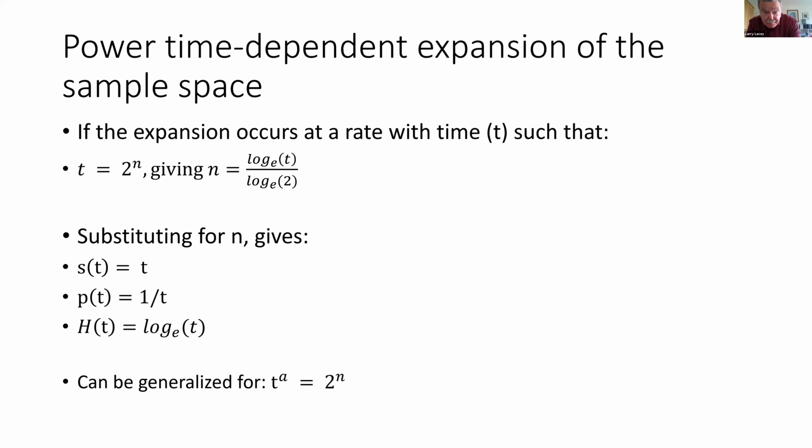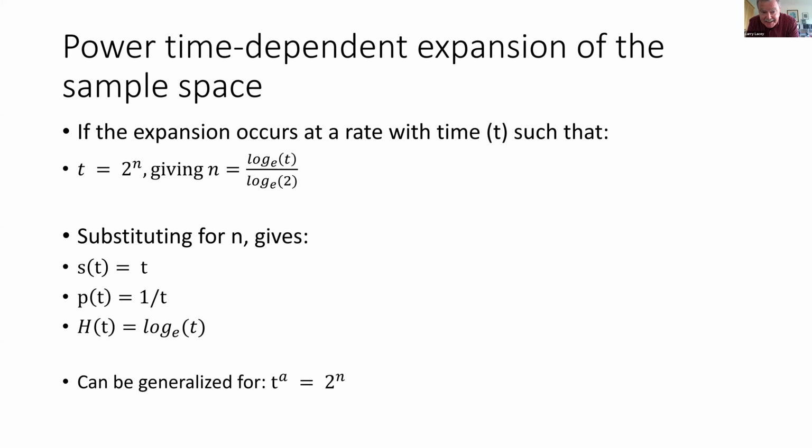So this time, for a power-dependent, not an exponential, expansion, you get S(t) equals t. So the expansion is directly related to time. The probability is 1 over time. And the information entropy in this occasion is log of time.